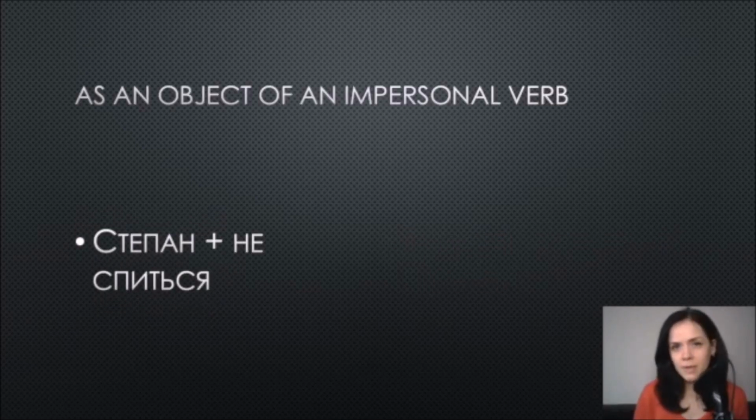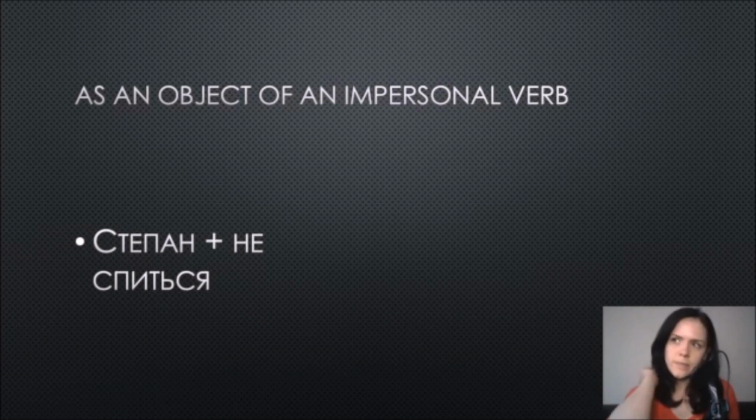Also, if you have seen my video on usage of dative case, you know that we must apply dative case to a noun if it is an indirect object of an impersonal verb, so-called безособові дієслова. I will not go into details here. You should watch my videos on usage of dative case if you are unsure what I'm talking about.